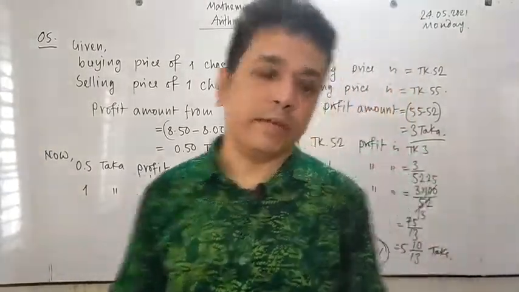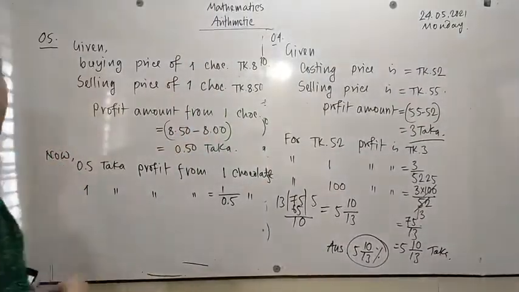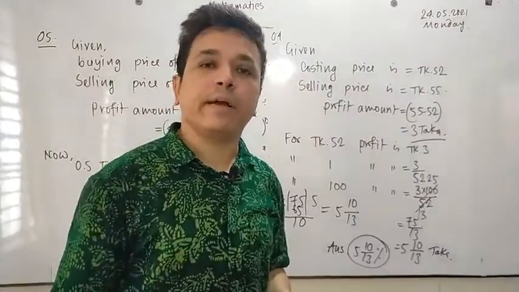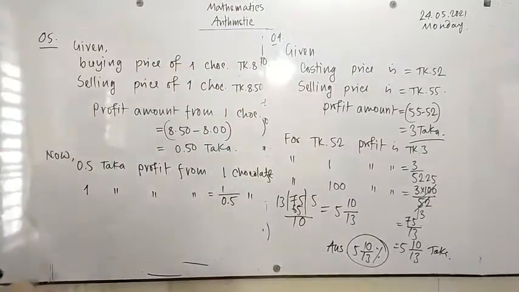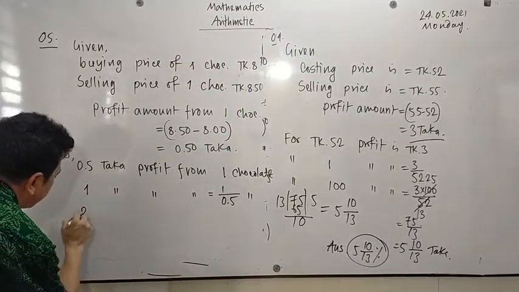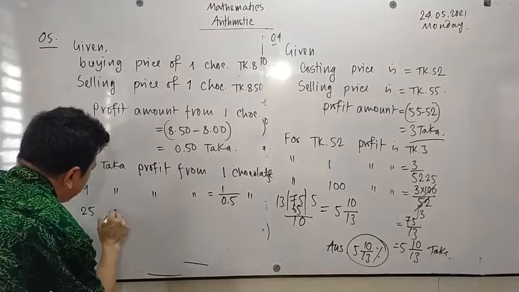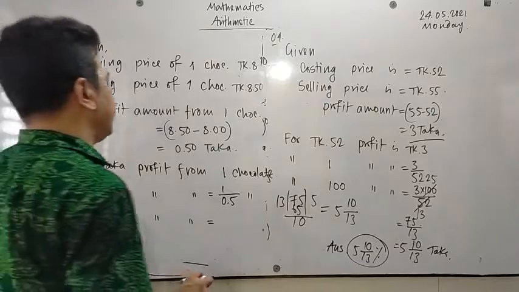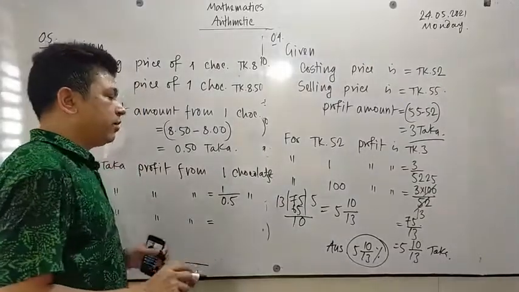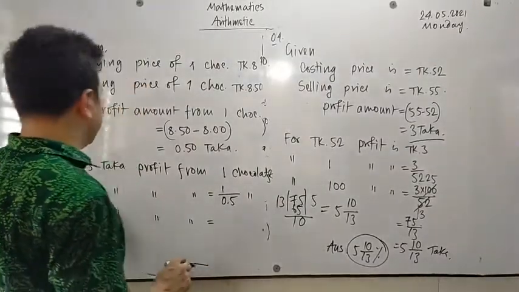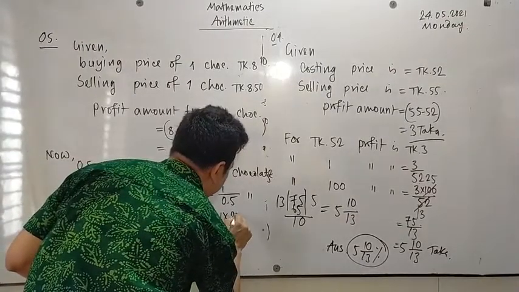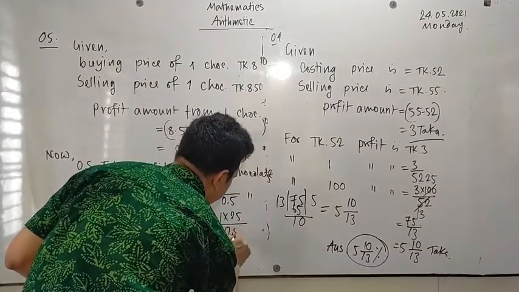So it's perfect. Total, how many takas profit did he make? 25 taka. So 25 taka profit from how many chocolates? We have to find the total number of chocolates from which the seller made 25 taka profit. So 1 into 25 divided by 0.5.